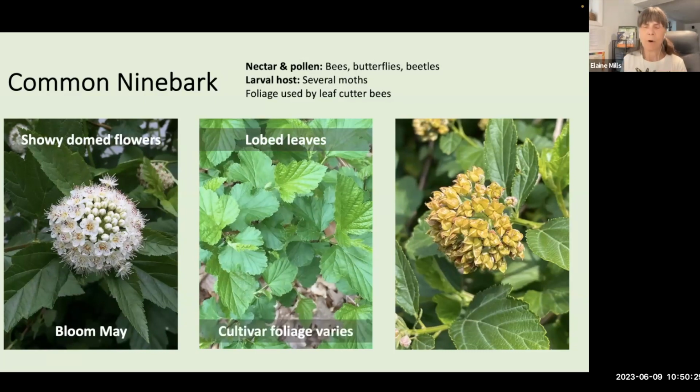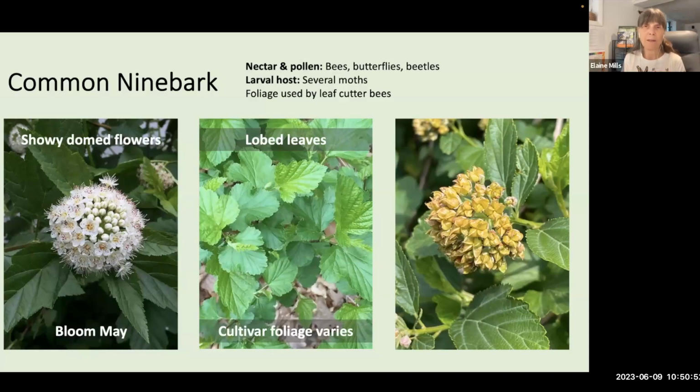Now, common ninebark, maybe more than any other native shrub, has undergone a lot of cultivation, and there are many very popular cultivars. They range from foliage color to a golden color, orange, purple, wine red. They're very attractive to us.